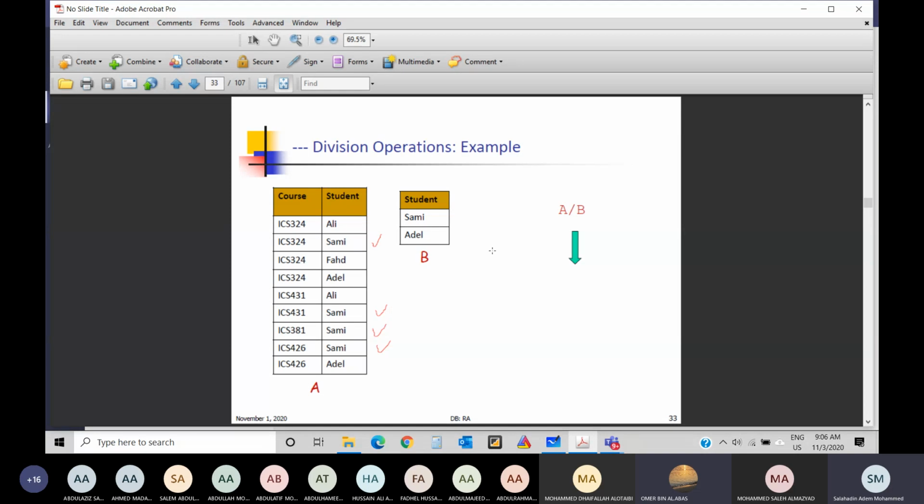What are the courses taken by Adil? 324 and 426. So what are the common courses taken by both of them? 324 and 426. Very good. So let me put them this way. We said the following: for example, Sami took 324.